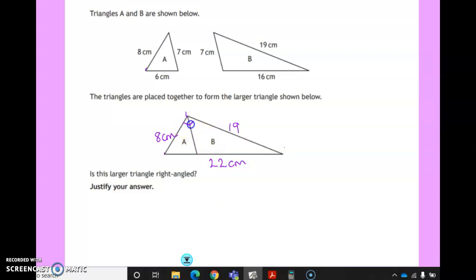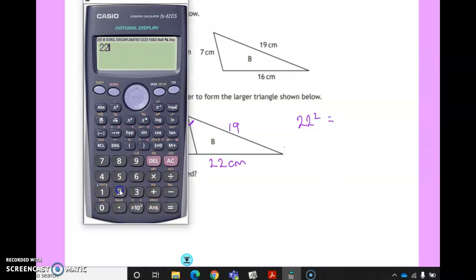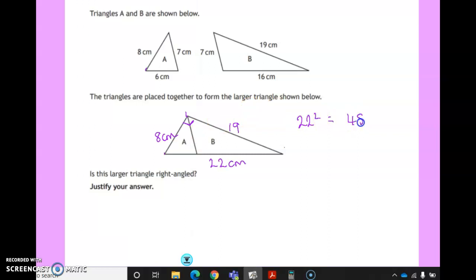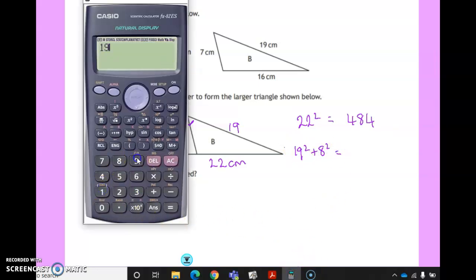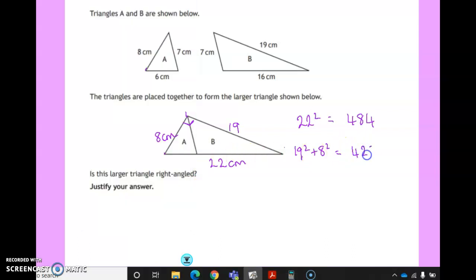Now my right angle I'm looking for would be this part here. Start with my longest side, and I square it. I get 484. Square and add my other two sides. Do 19 squared plus 8 squared, which is 425.